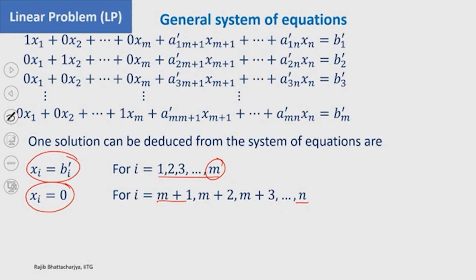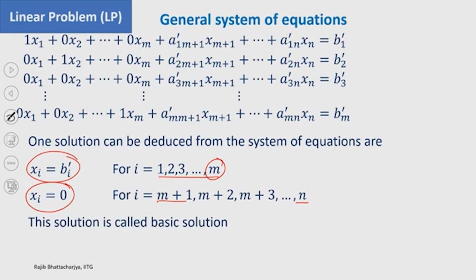This is one solution, and I can also have alternate solutions. Here I have taken 1 to m, but I may take any m variables as basic variables and the other variables will be non basic variables. So, I can get an alternate solution.